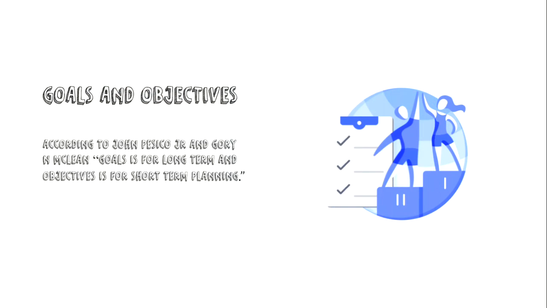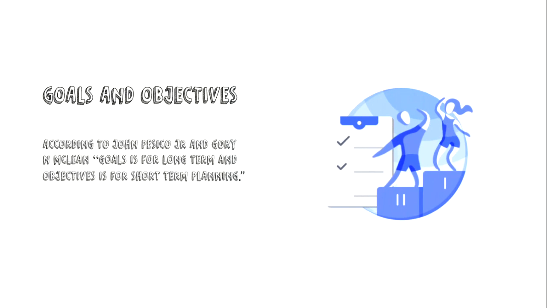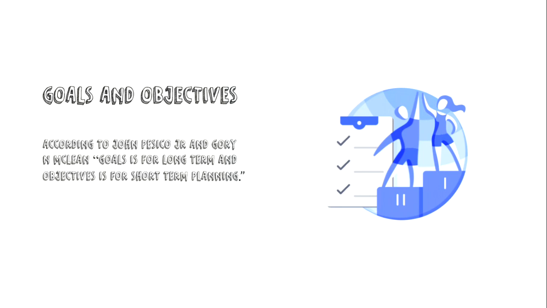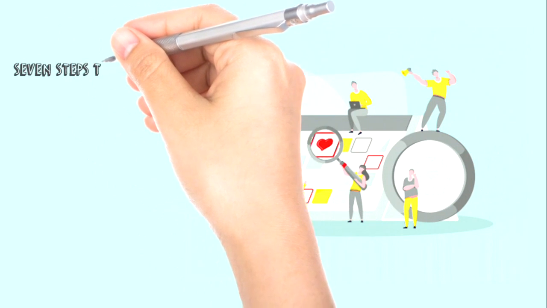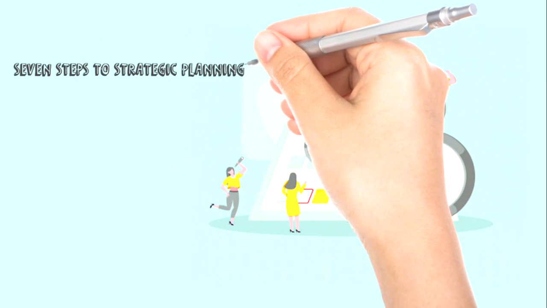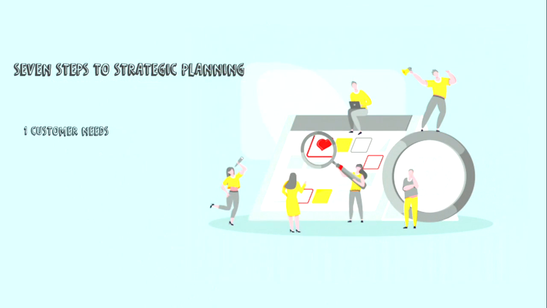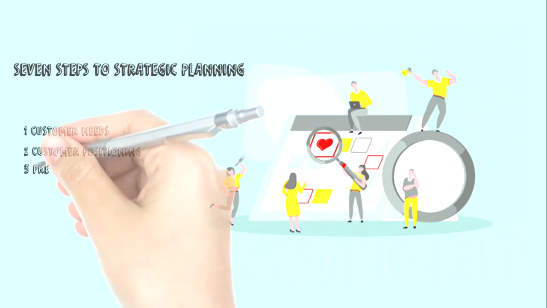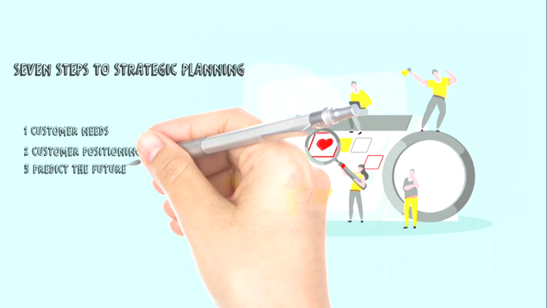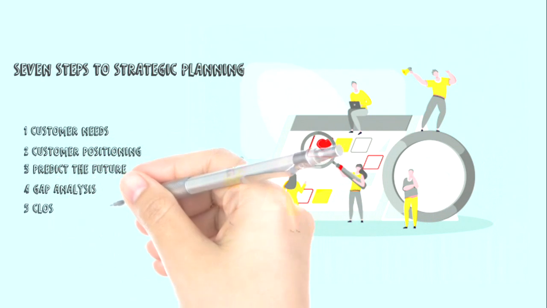According to John Pesico Jr. and Gory and Naclin, goal is for long-term and objectives is for short-term planning. There are 7 basic steps to strategic quality planning: customer needs, customer positioning, predict the future, gap analysis, closing the gap, alignment, and lastly, implementation.